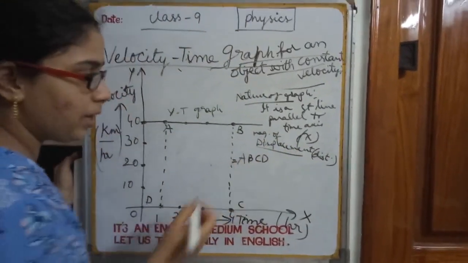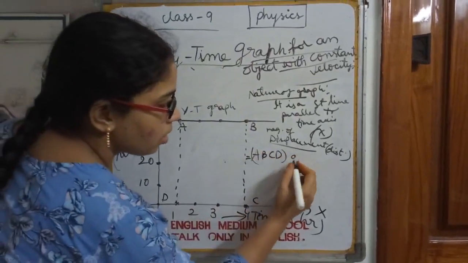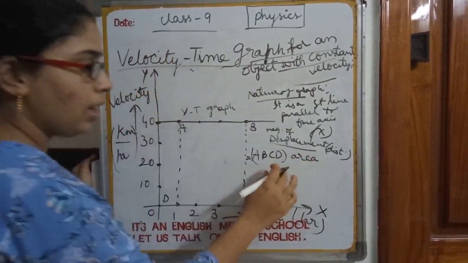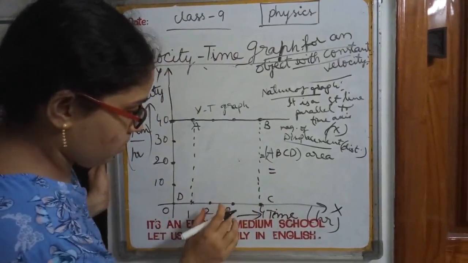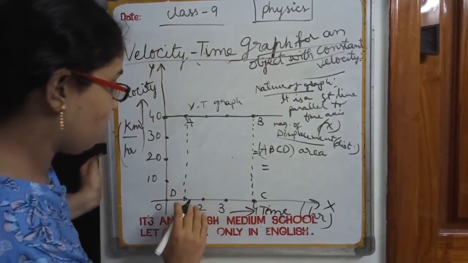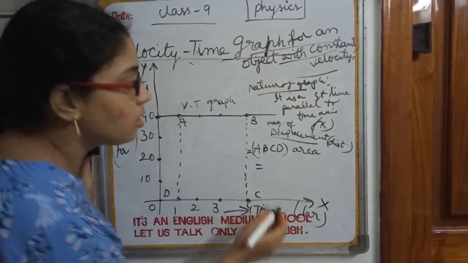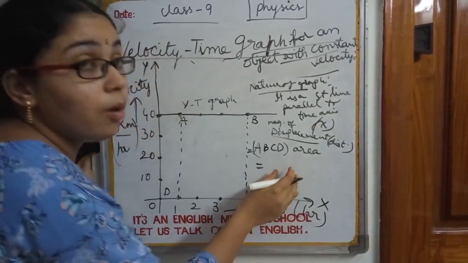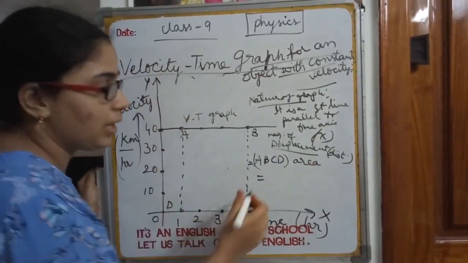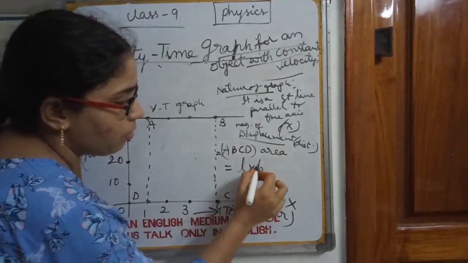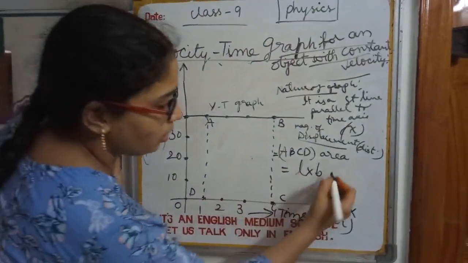Magnitude of displacement is equal to the area of figure ABCD. Here it is a rectangle, so we use the formula for the area of a rectangle. We know that the area of a rectangle is length into breadth, that is, length times breadth.